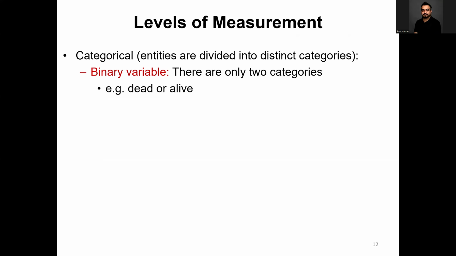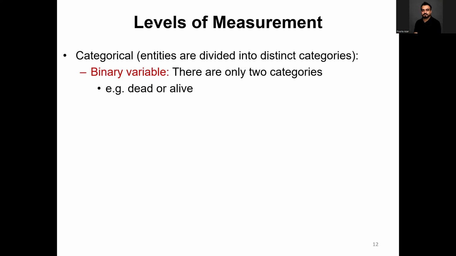We have four levels of measurement. This is another way of categorizing variables. This is another way of looking at variables. So one way is categorizing variables into two main groups, independent or dependent variable. But regarding the level of measurement, we can categorize variables into four main groups.